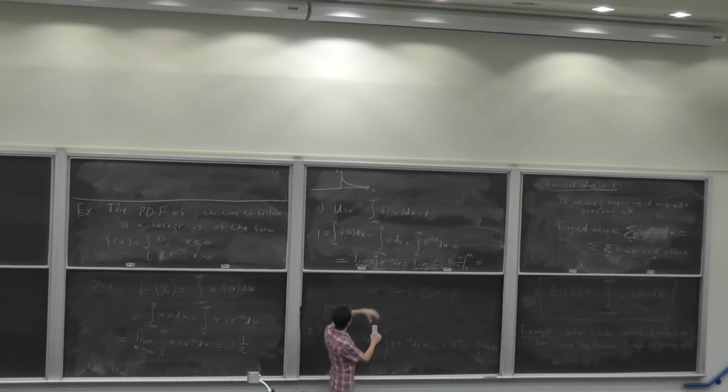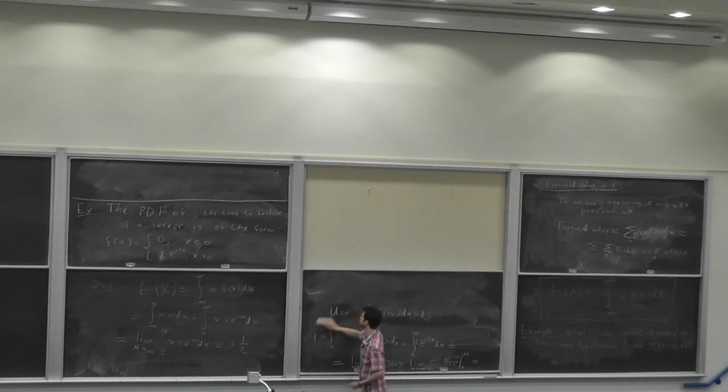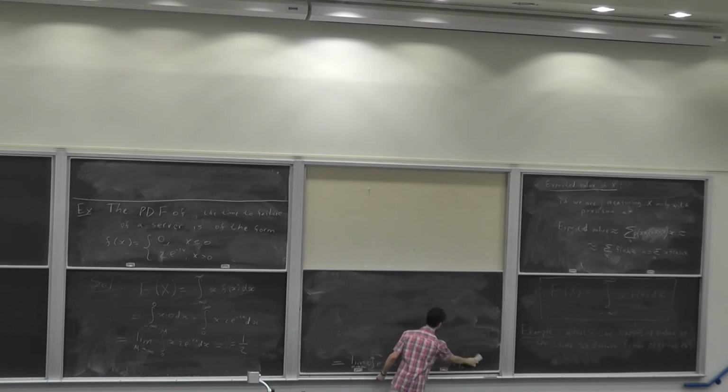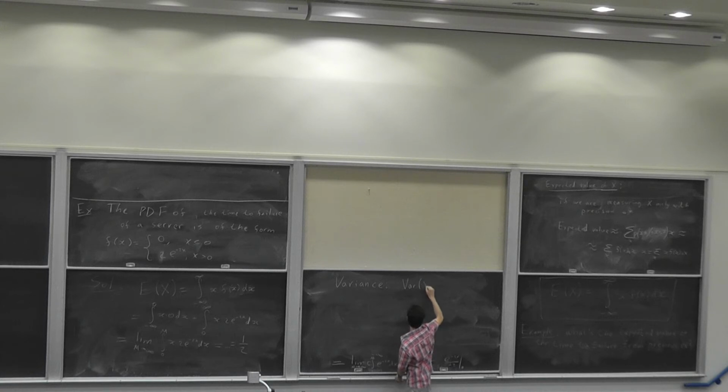Similarly to the case of a discrete variable, we have the notion of variance and standard deviation. And it's basically the same thing: probability times x minus average squared, and then sum.